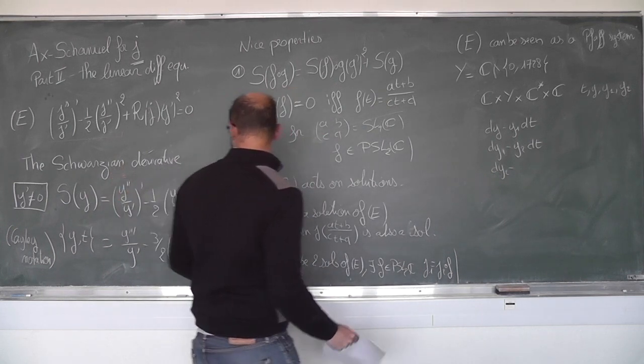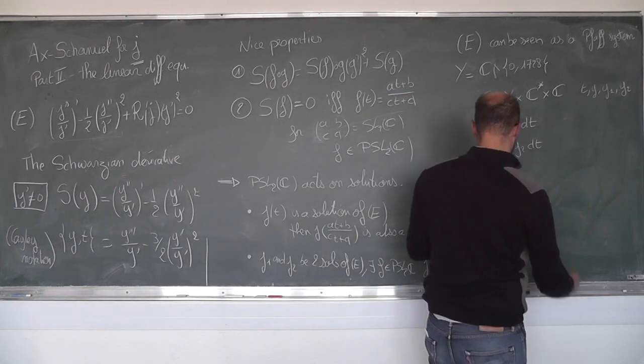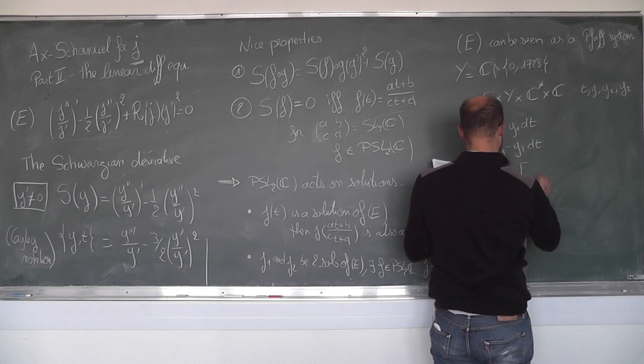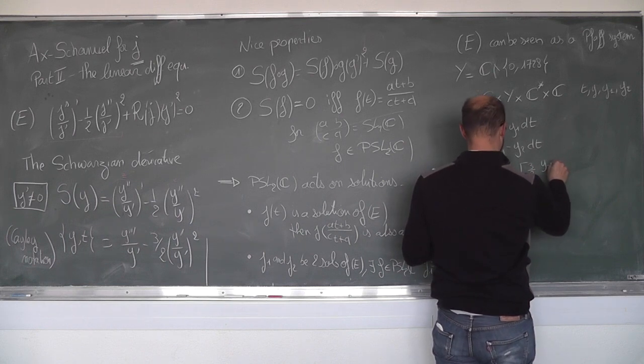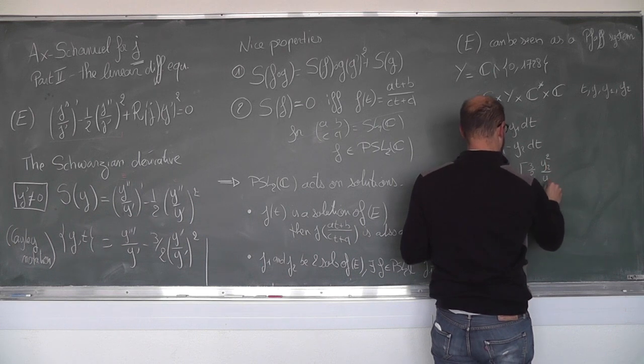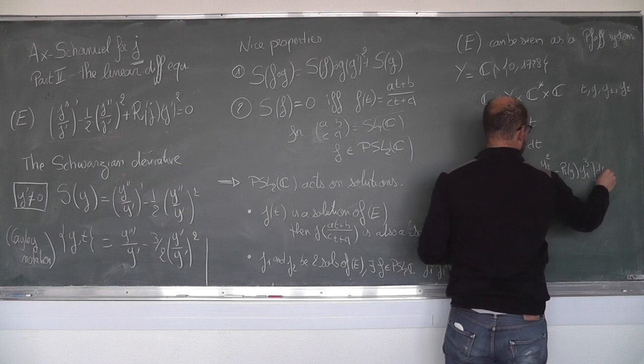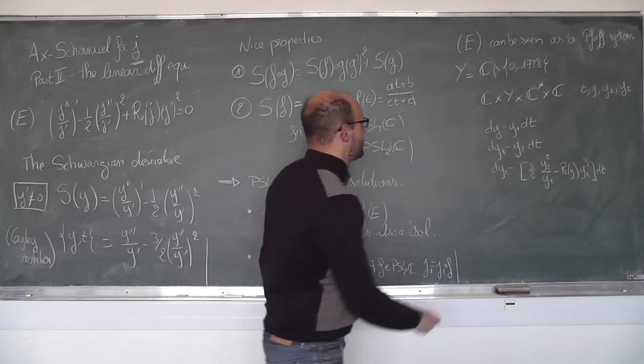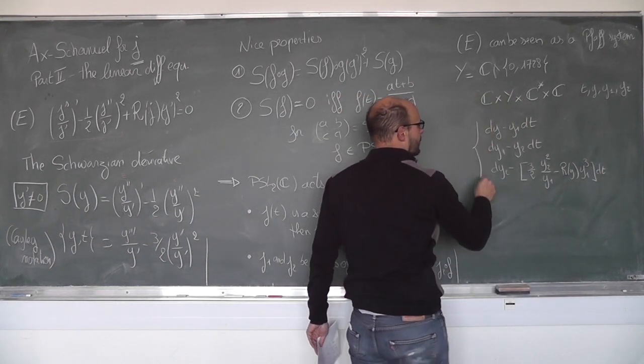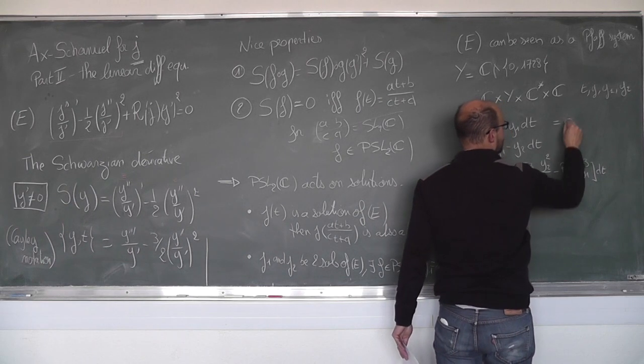So it must satisfy something here, and this something can be written like this: 3/2 y2 squared over y1 minus r of y, y1 cubed dt. And so your equation can be written in this form.